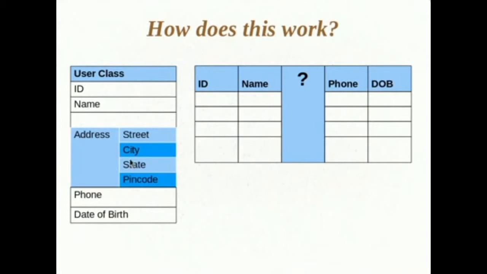So what I mean to say is, now the user class has an address object, and the address object has some member variables. We're going to treat the member variables of this address object the same way as you would treat member variables of the user class itself. So we'll assume that there is no address object, it's just street, city, state, pin code are 4 other member variables of the user class itself, and we would save them the way we would save 4 member variables.